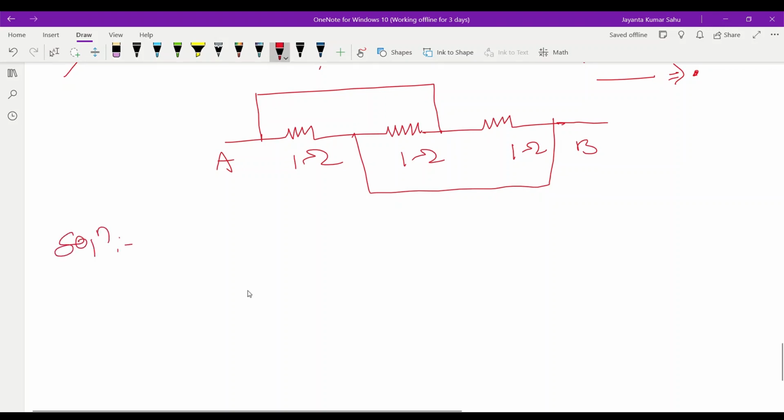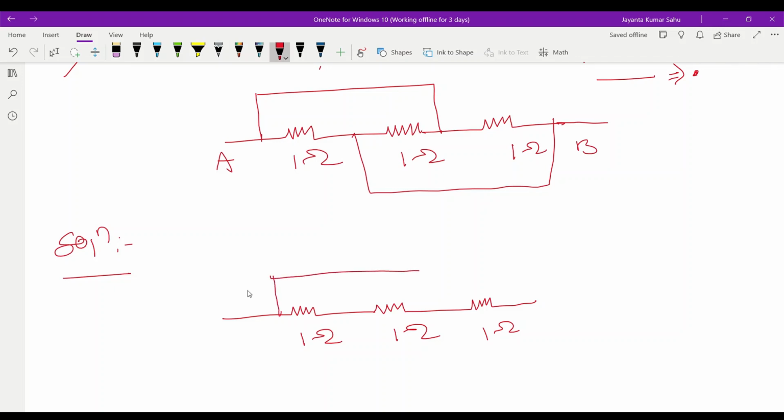In the solution, we can redraw this circuit again. This is 1 ohm, 1 ohm, 1 ohm. A terminal, B terminal.